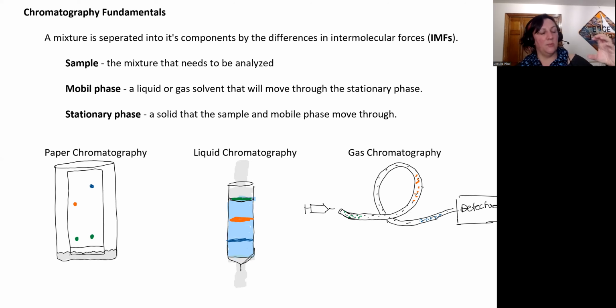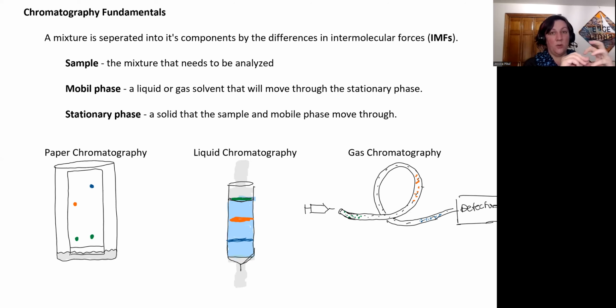The mobile phase is going to be moving through the stationary phase. And so if something is very attracted to that mobile phase, it'll be carried through quickly with it. And if something is very attracted to and interacts very strongly with the stationary phase, it'll try to stay in one position with the solid, but there'll be a flow of mobile phase over it.